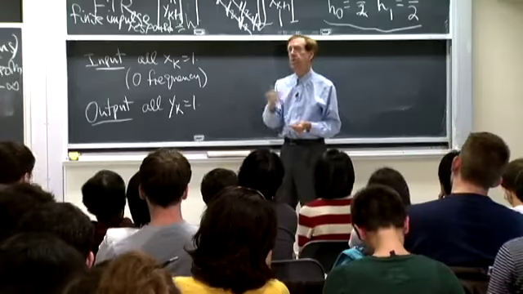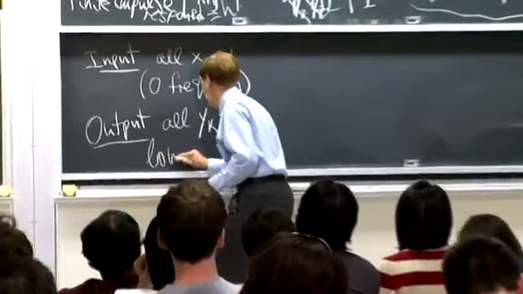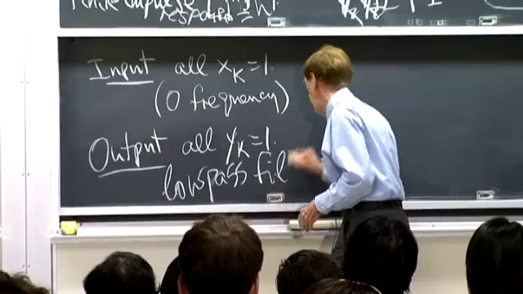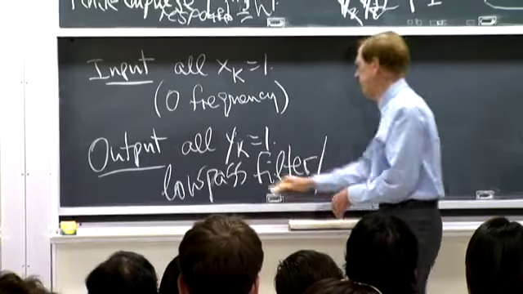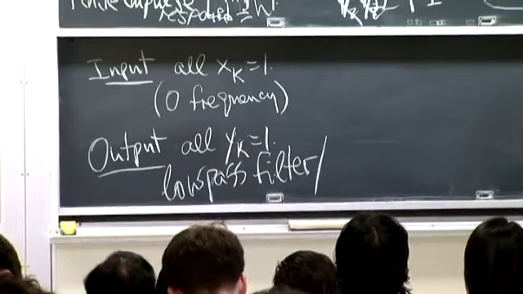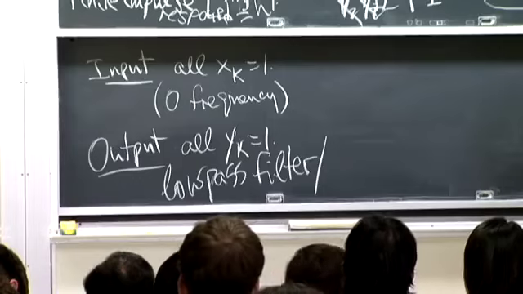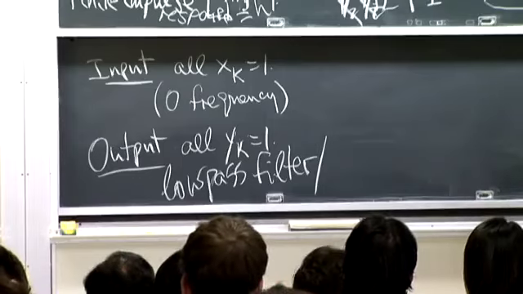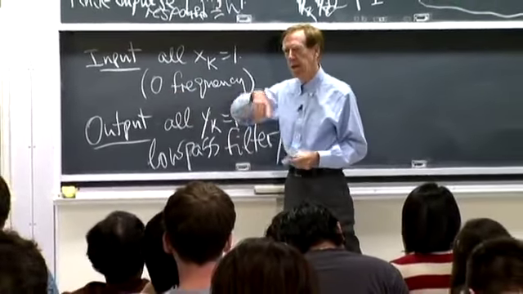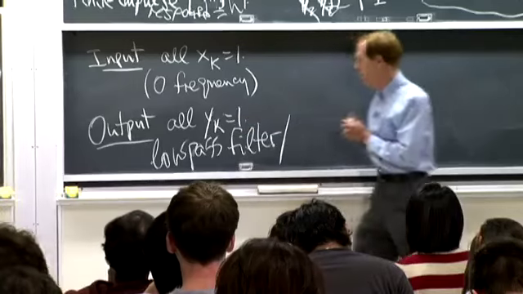That's a low-pass filter. That's so simple that you might as well know those words. Low-pass means that the lowest frequencies pass through virtually unchanged. In this case, the zero frequency, the DC term, the constant term, passes through completely unchanged.